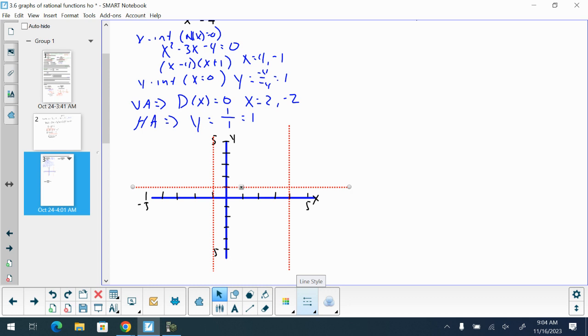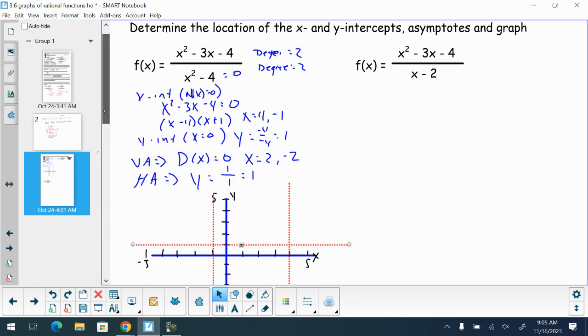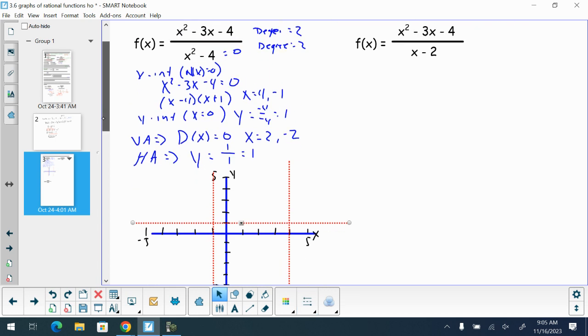We have x-intercepts at, those were our x-intercepts, weren't they? Yeah, that's what I was thinking. Asymptote should be at 2, negative 2. There we go. My bad. Looked at the wrong one.